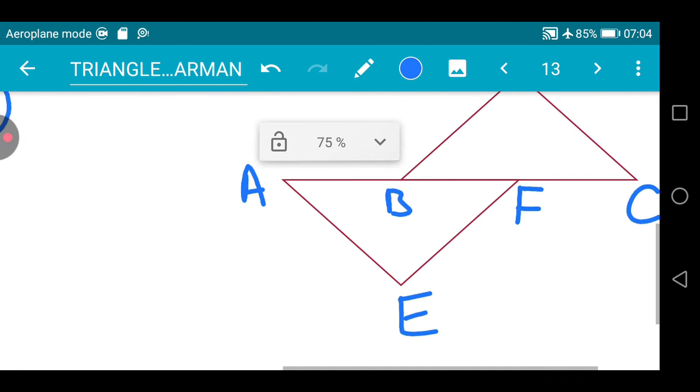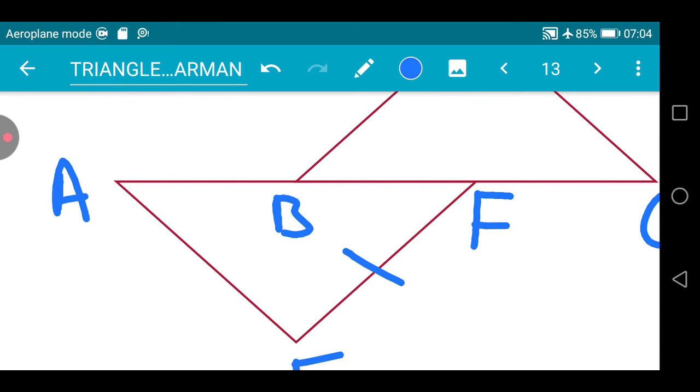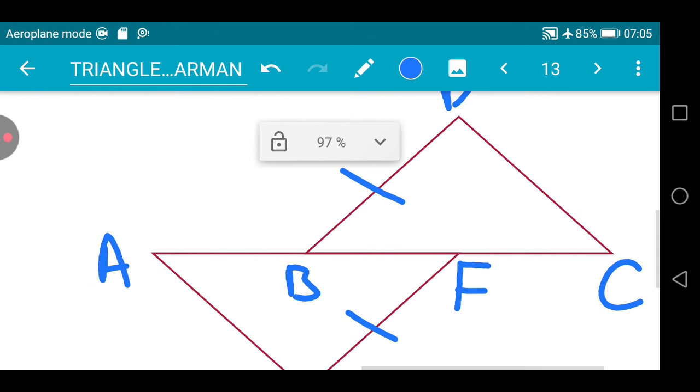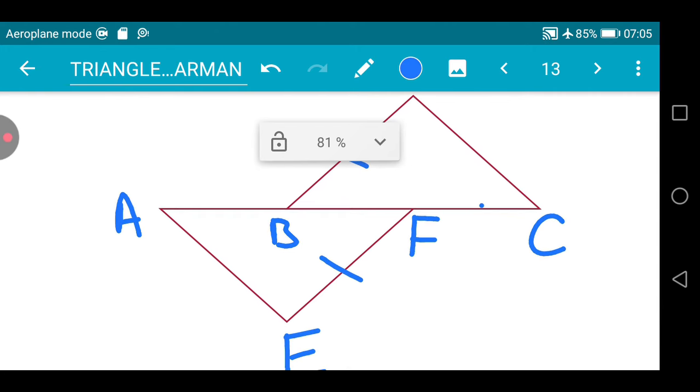So can we prove these triangles congruent? We have EF equal to BD, and AB equal to CF, only this part. AB equal to CF.